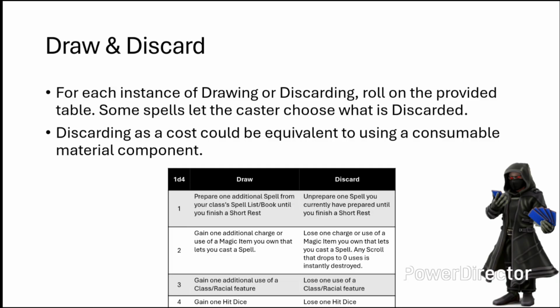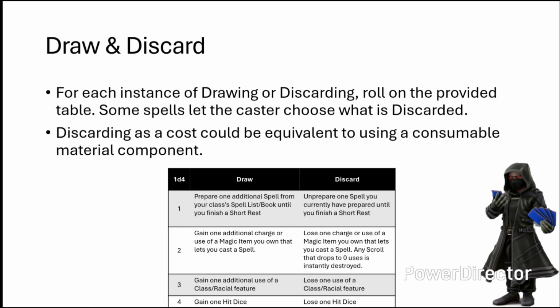And when you are drawing, it's going to be most of the time at random. And discarding, sometimes it will be random, but there are chances where an opponent can choose what card is discarded. So the Dungeon Master could end up rolling this die instead of the player.